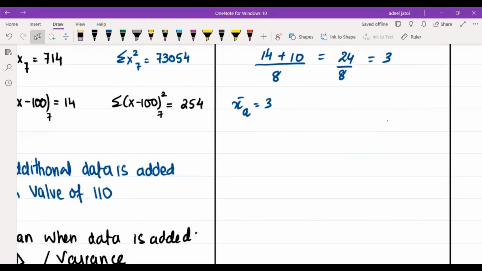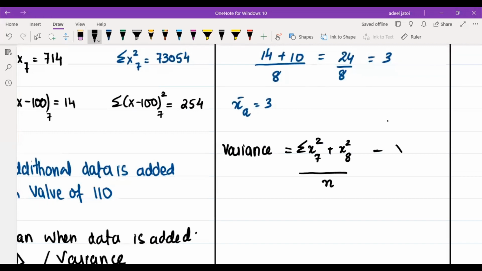The other thing is the variance. If I go through the normal data way, what we're going to do is summation of x square 7 plus x square 8, upon n, minus mean square.